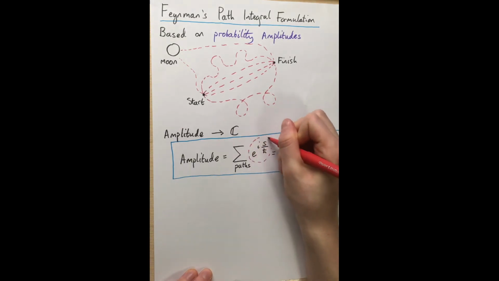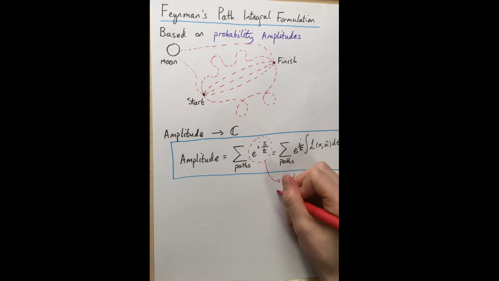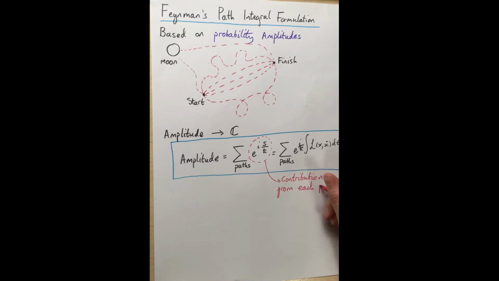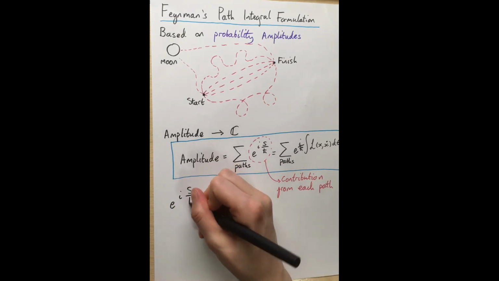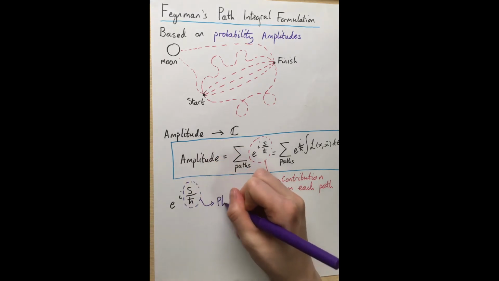This term here represents the contributions from each possible path that we could imagine. Each path is given equal weighting, but the phase, represented by S over h bar, is different for each one.